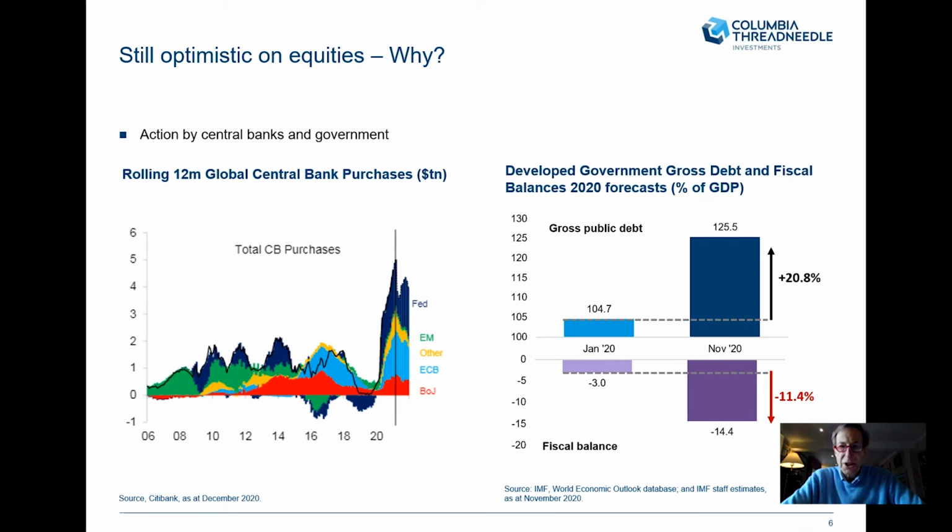And again, you can see that the authorities went straight for big deficit, big spending to keep economies moving, and massive increase in debt and fiscal balances, which obviously has long-term implications, but it has meant that economies have been kept nicely afloat in a very difficult time.